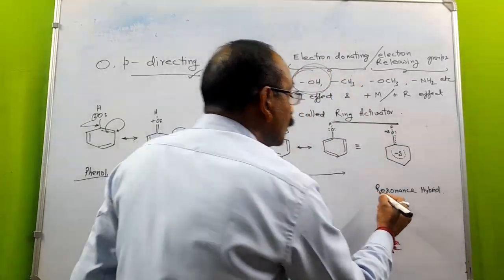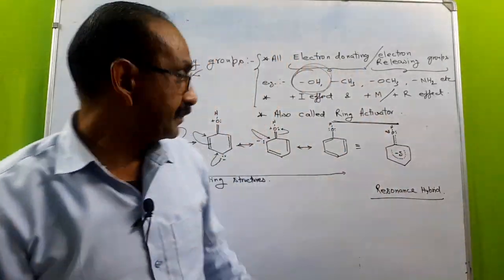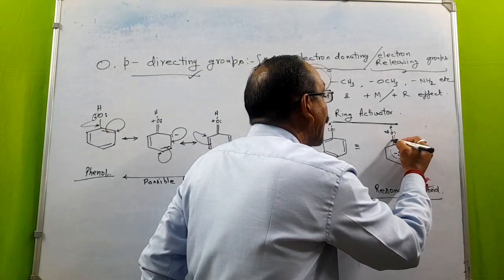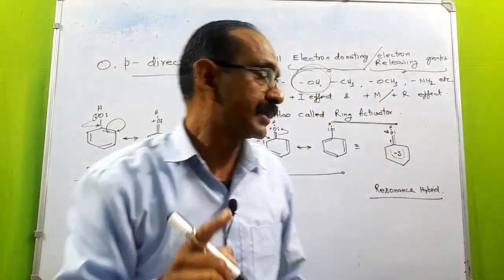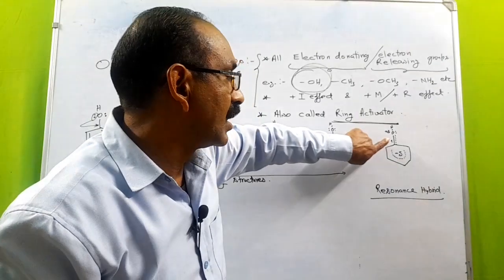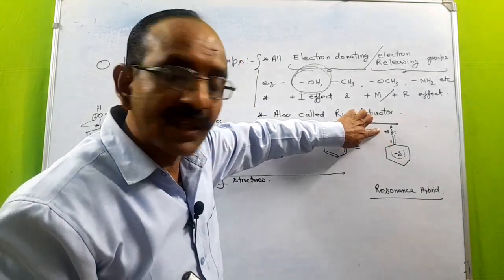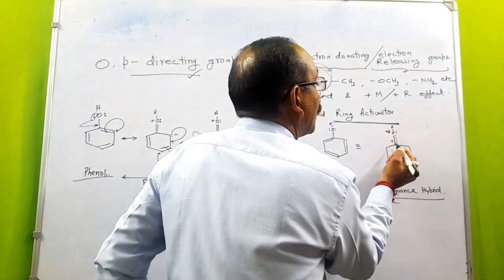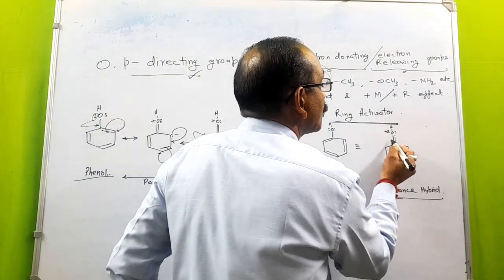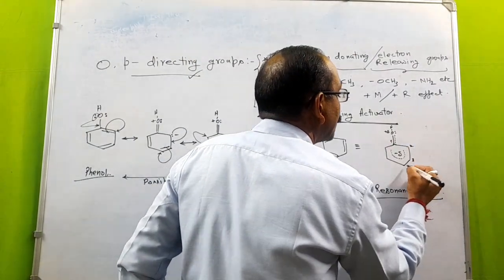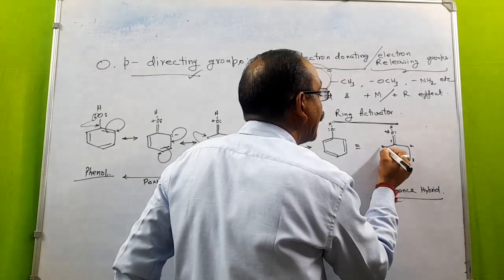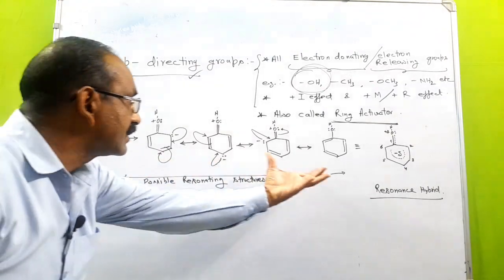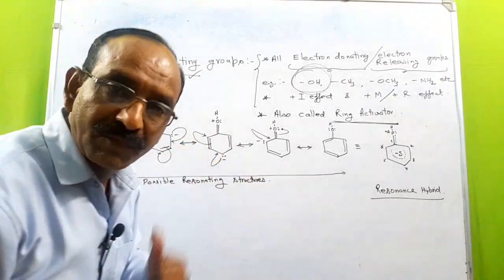See, as we know, we must start numbering from the carbon at which a substitution occurs. Means we'll count the carbon at which there is the OH as number 1. Now, starting numbering from this carbon, this is 1, this will be 2nd, 3rd, 4th, 5th, and this one is 6th. See, now analyze these resonating structures for the phenol.